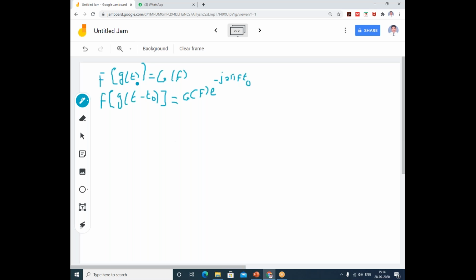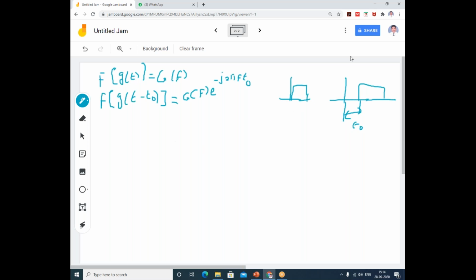Now see the difference between g of t and g of t minus t naught. If this is my g of t and g of t minus t naught is this one, that means the waveform is shifted towards right by a value t naught.